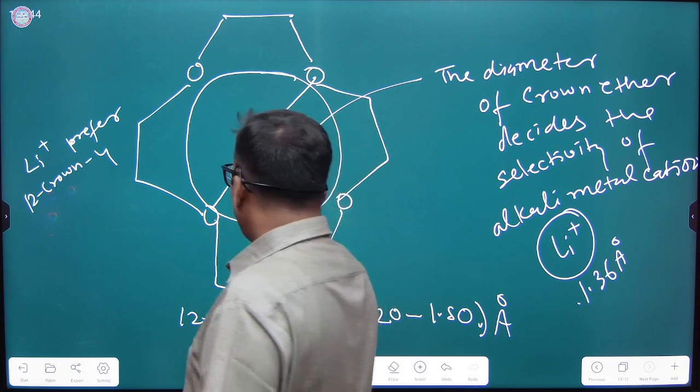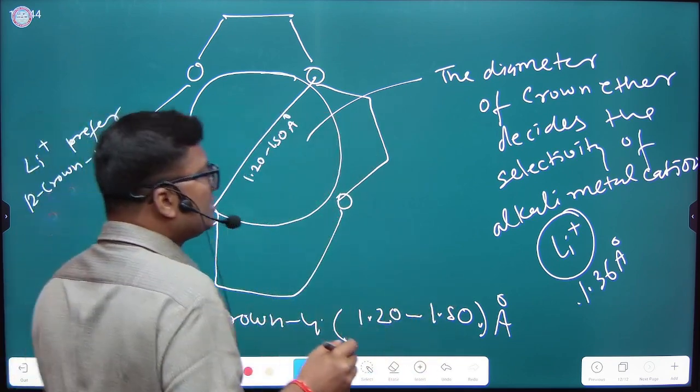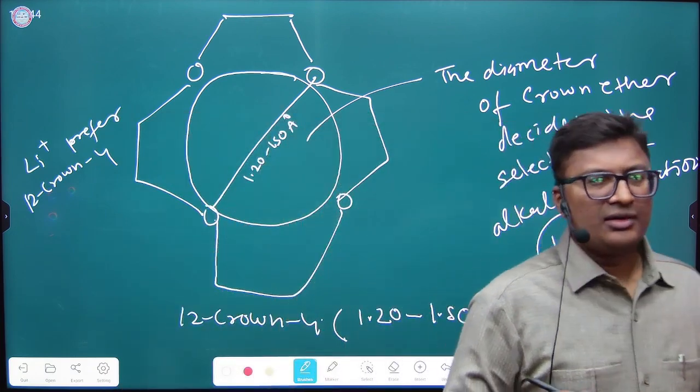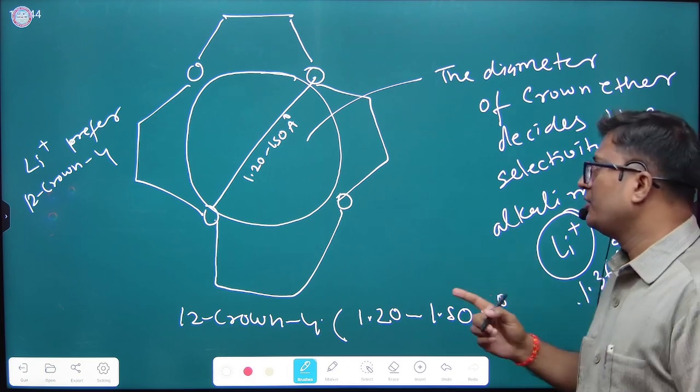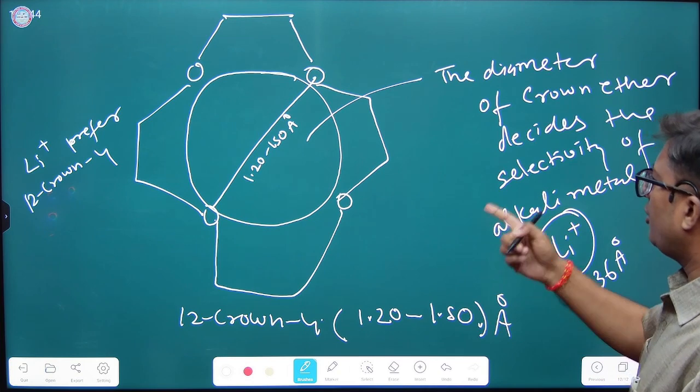So it can form 1:1 complexes, meaning one metal cation can be accommodated in a single macrocyclic crown ether.